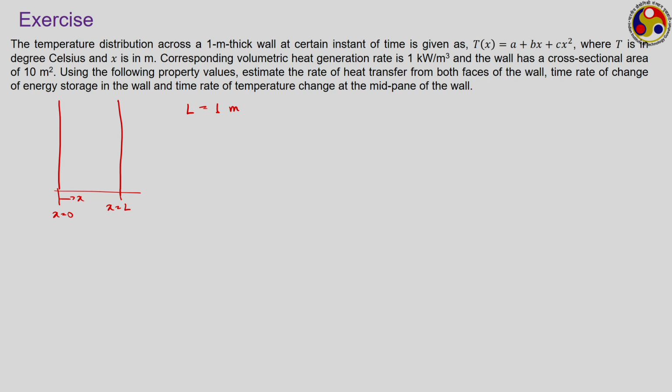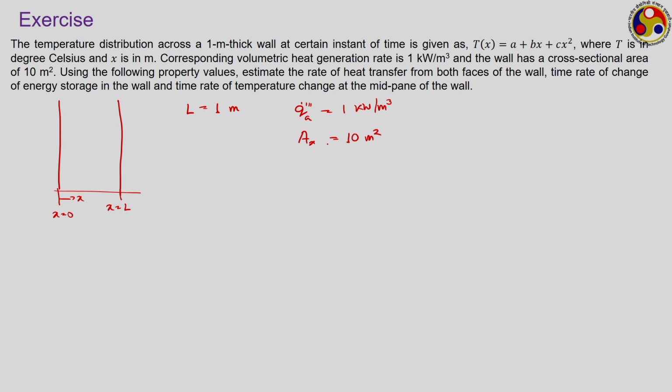The temperature distribution follows a quadratic law, and the corresponding volumetric heat generation rate, q_g triple prime, is given as 1 kilowatt per meter cube, and the wall has a cross section area of 10 meter square.